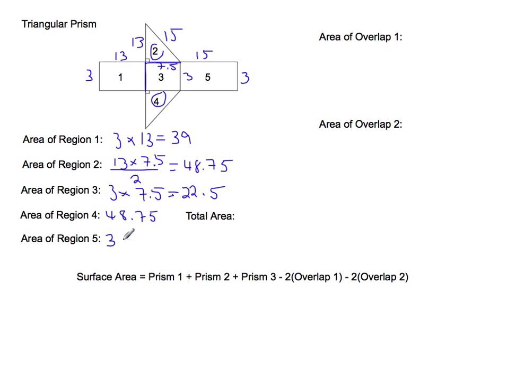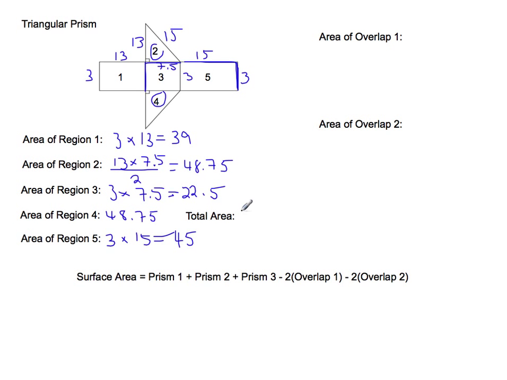And I have 3 by 15 in my region 5. My dimensions are 3 by 15. So that's equal to 45. I add up all of my surface areas. So 39 plus 48.75 plus 22.5 plus 48.75 plus 45.